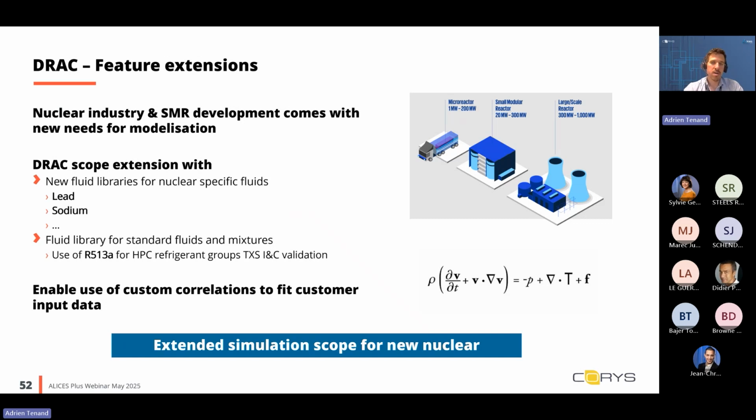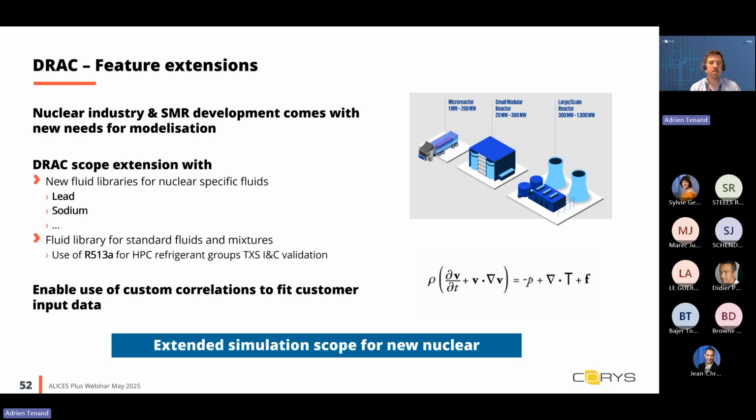And we have a first successful experience with what's called refrigerant group for the HVC power plant and the TXS INC validation. So that was for the fluids, and we have also enabled the use of custom correlations in DRAC.